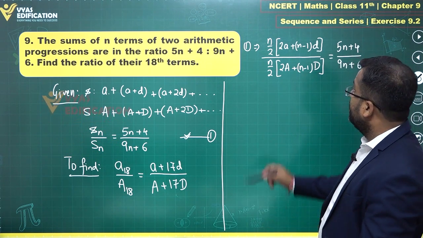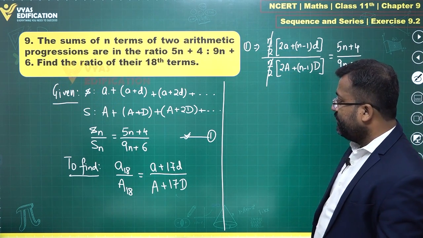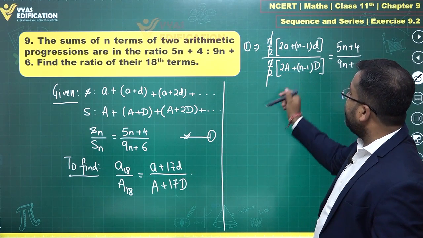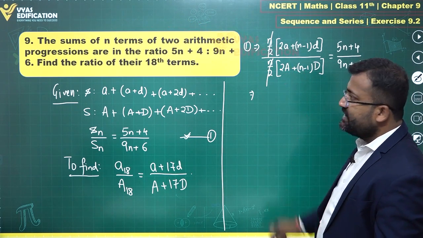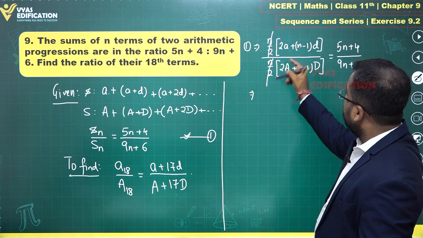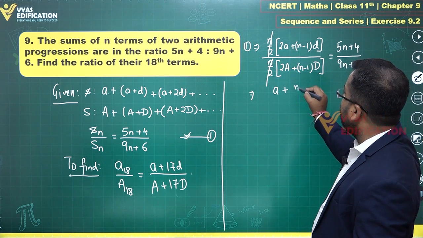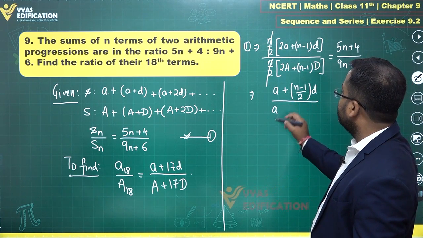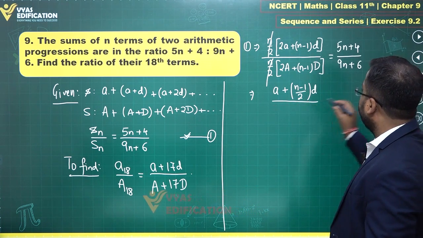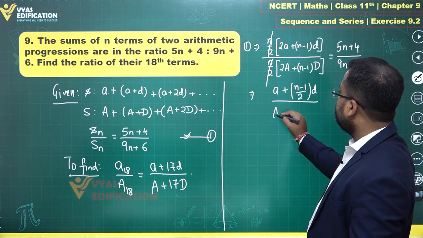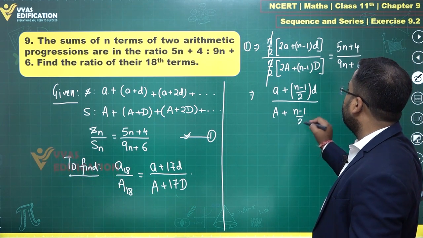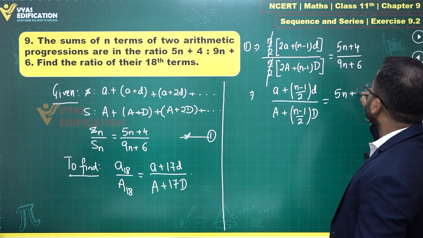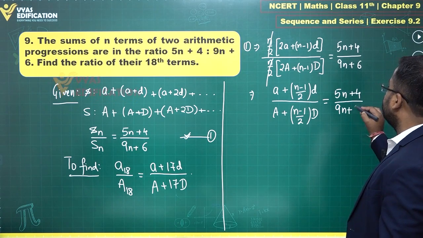Obviously n by 2 gets cancelled, and we are interested in small a and capital A, so let's divide by 2 here as well as here. That gives me a plus n minus 1 by 2 times small d upon capital A plus n minus 1 by 2 capital D, equal to 5n plus 4 upon 9n plus 6.